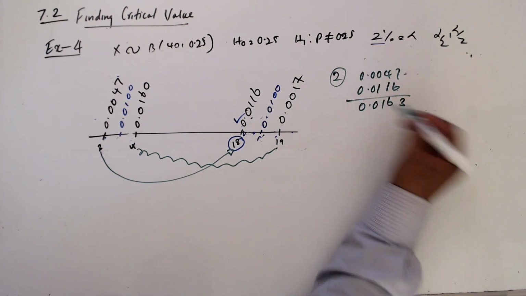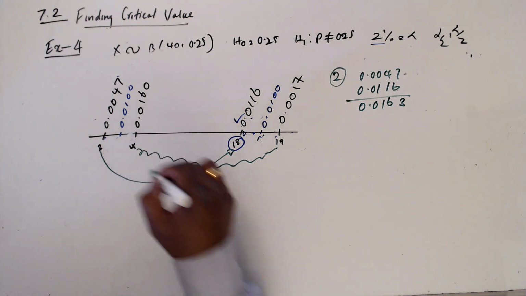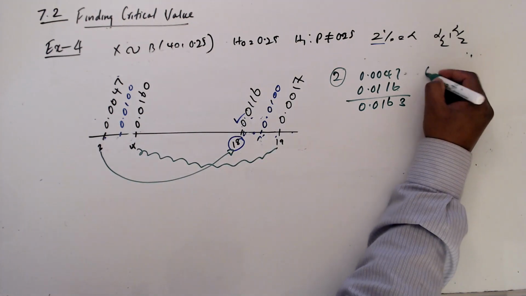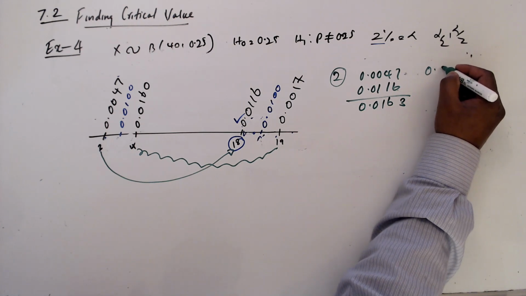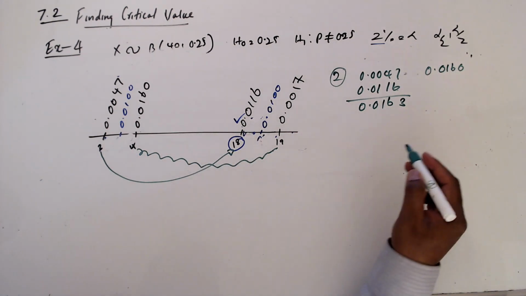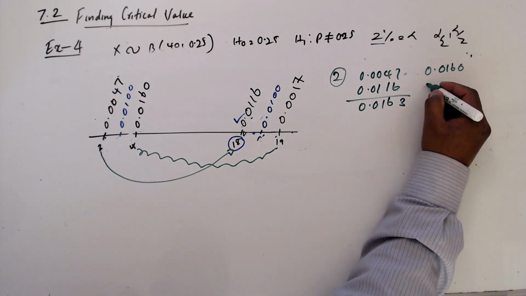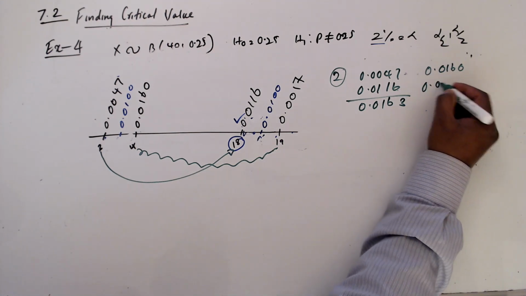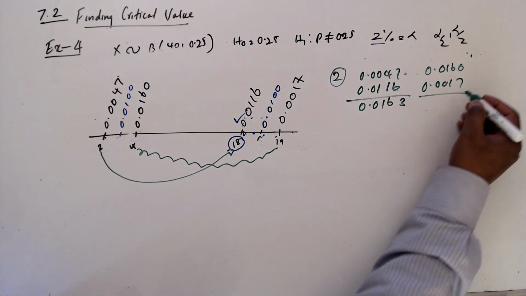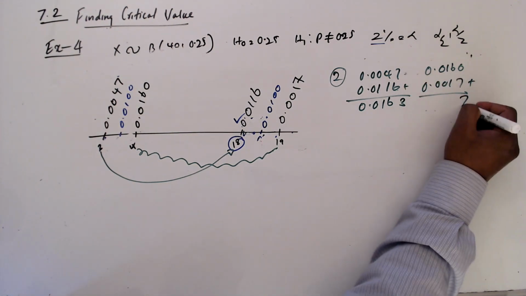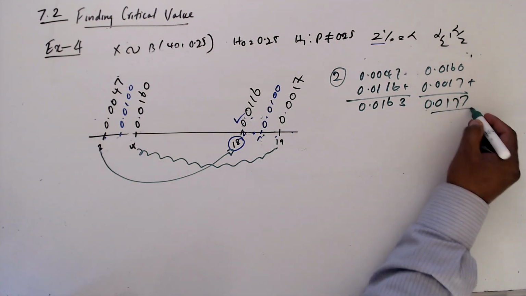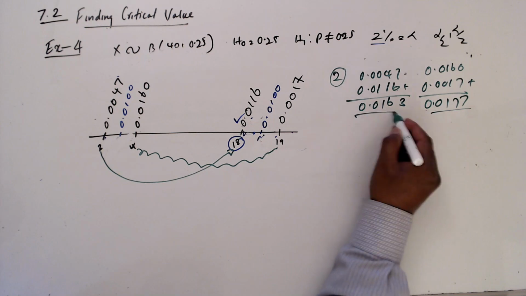So we had this one and the other one, 0.0160, and the addition of this one is 0.0177.